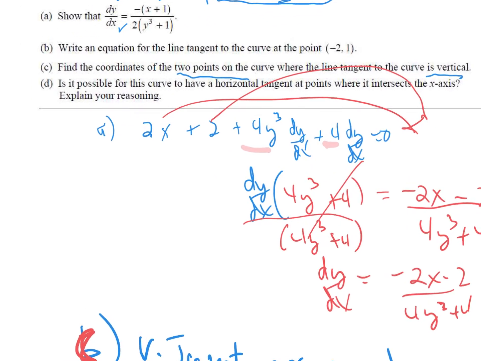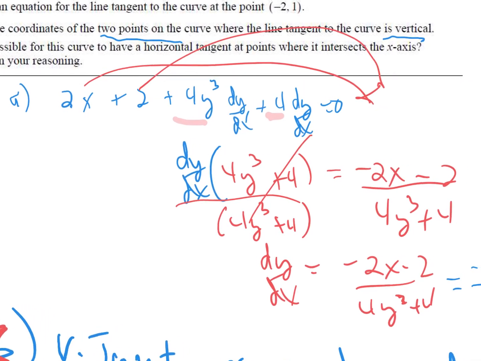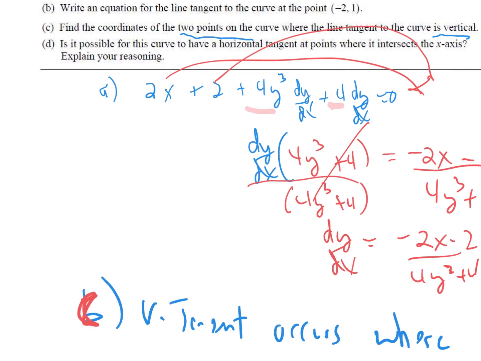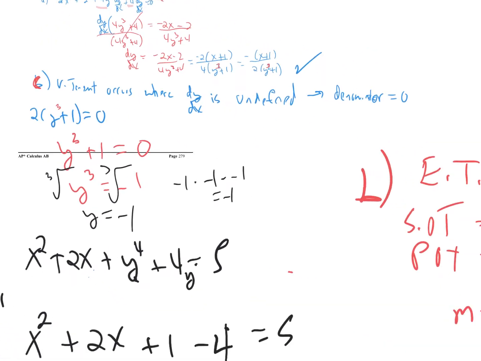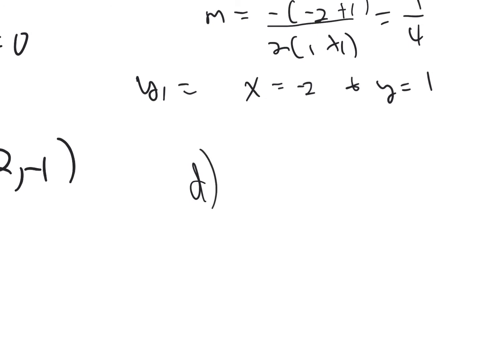Okay, D. Is it possible for the curve to have a horizontal tangent at points where it intersects the x-axis? Explain your reasoning. Well, D. He's asking me, can I have a horizontal tangent? Well, first of all, what does horizontal tangent mean?